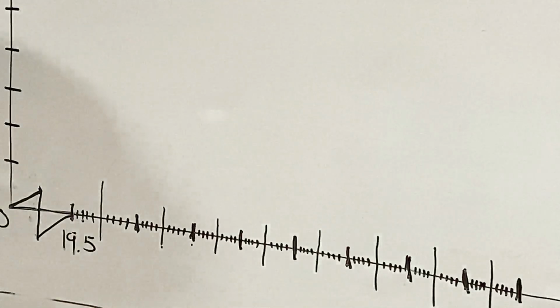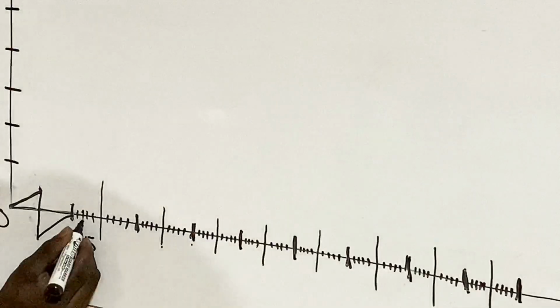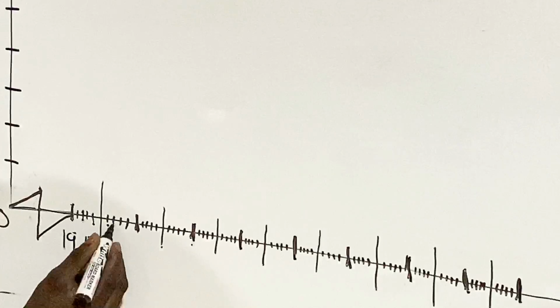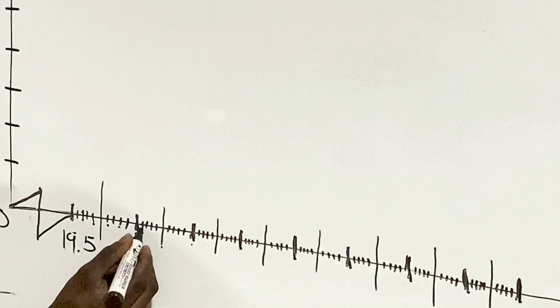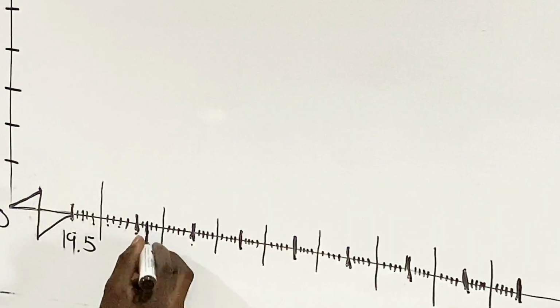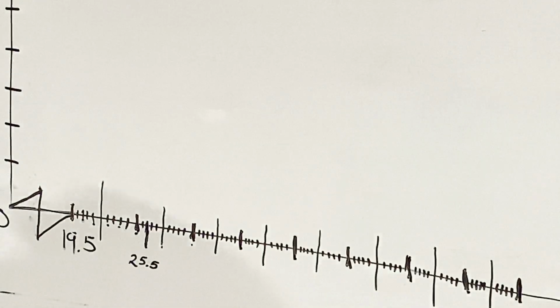So here I'll be skipping each small line in that order. So I have 1, I'll skip this 2, I'll skip this 3, I'll skip this 4, I'll skip this 5, I'll skip this 6. So this will be my 25.5 like this.